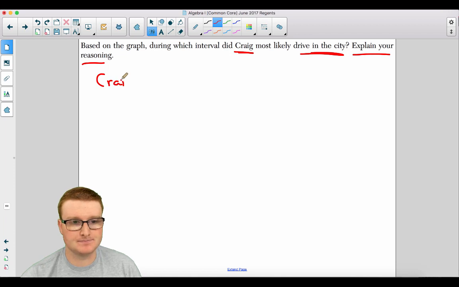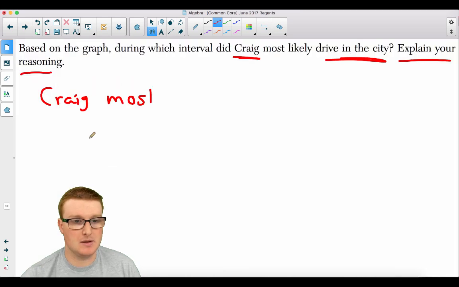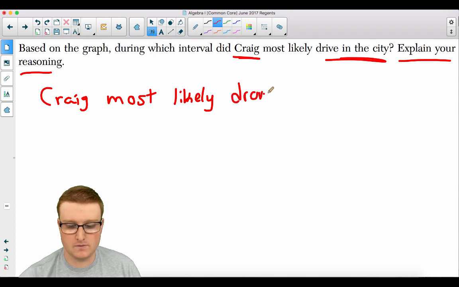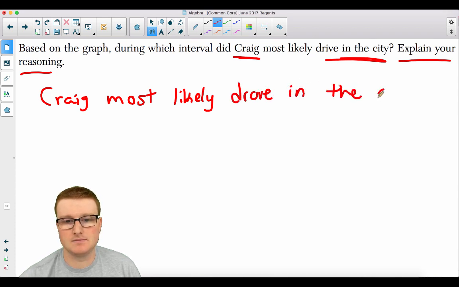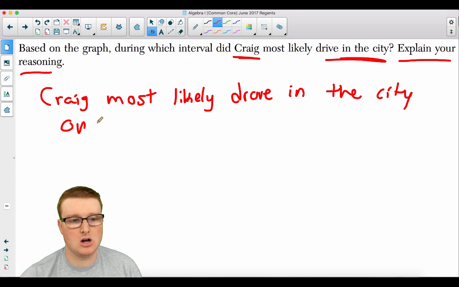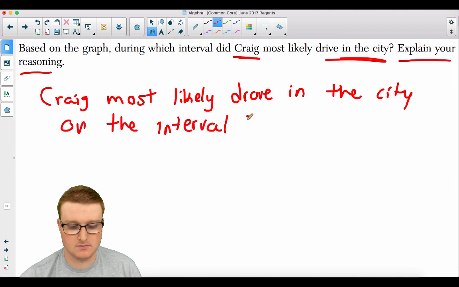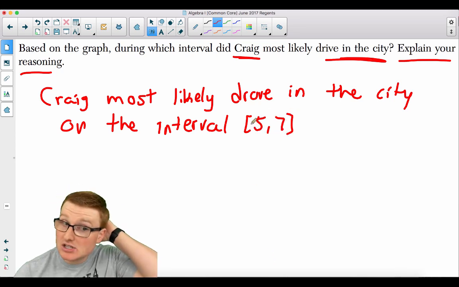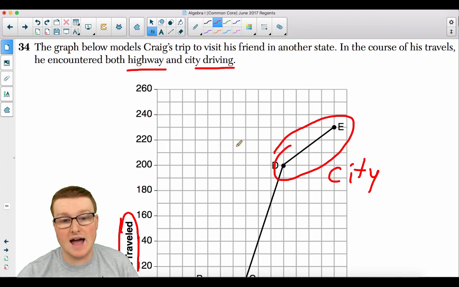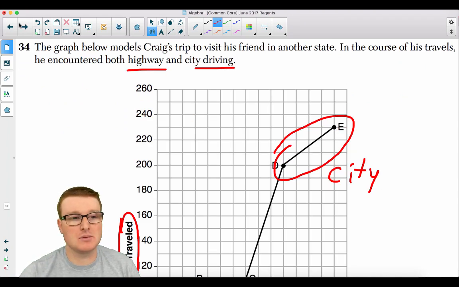So Craig most likely drove in the city on the interval from 5 to 7. And just make sure that these are closed brackets, because we do have closed dots.